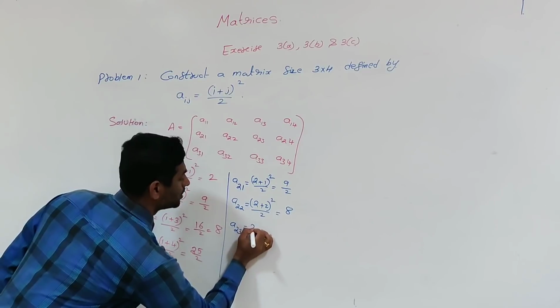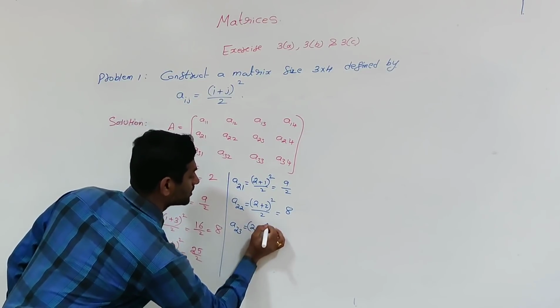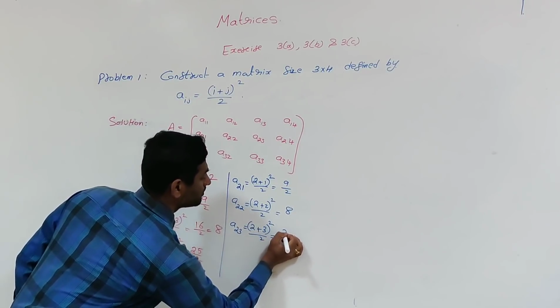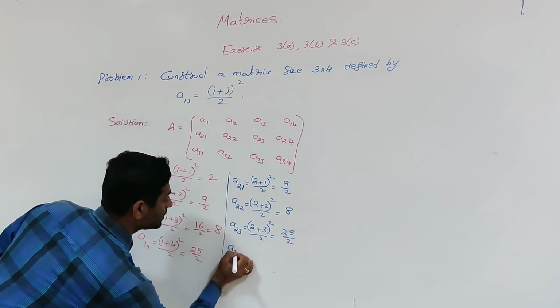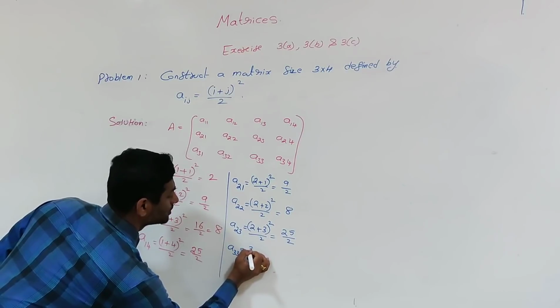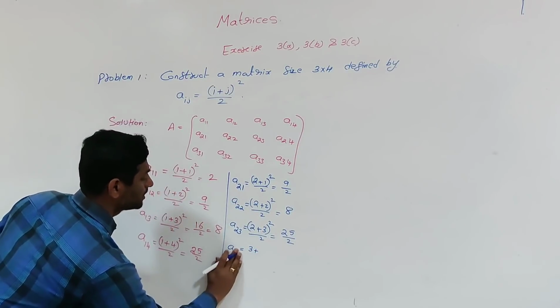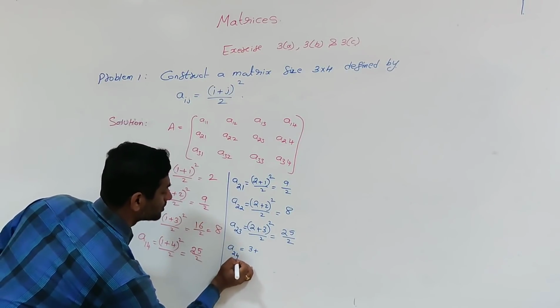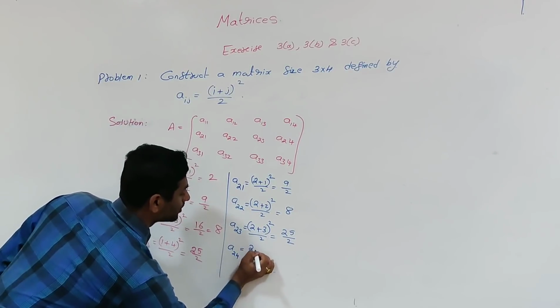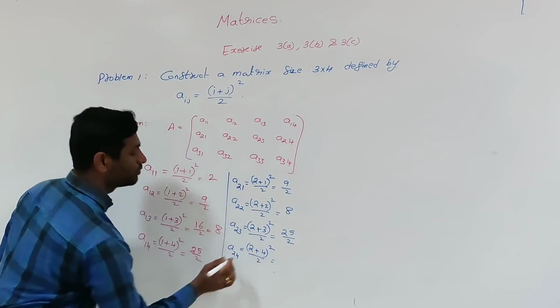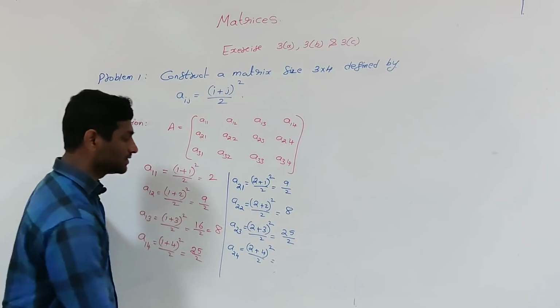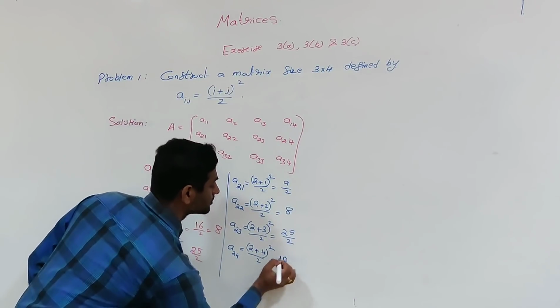A23 is (2 plus 3) whole square by 2, that will give 25 by 2. A24, not A33, A24 will be (2 plus 4) whole square by 2, 2 plus 4 is 6, square 36 by 2 is 18.